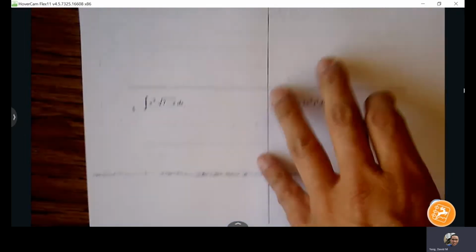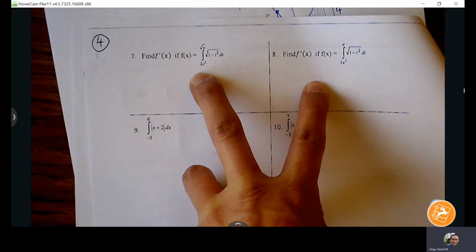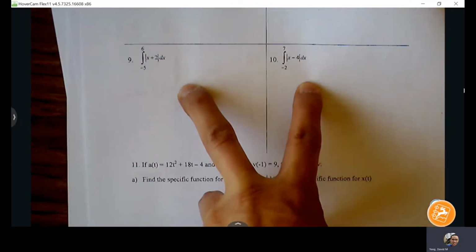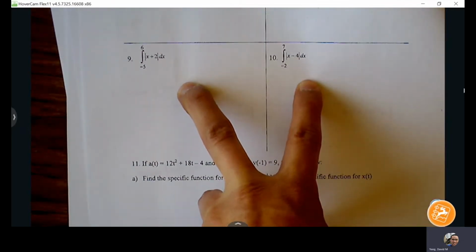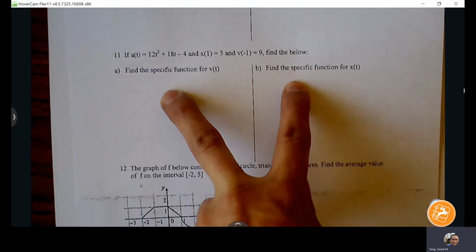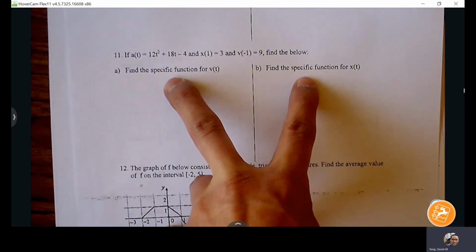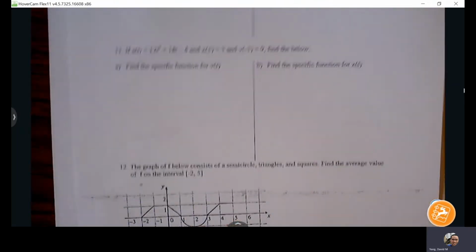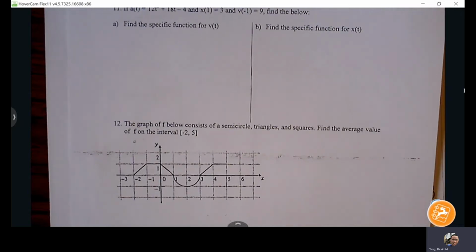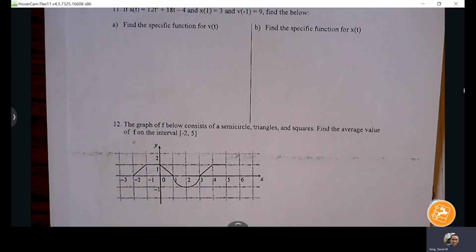We'll practice with that. Page 4: the second theorem, we'll practice with 7 and 8. We just did absolute value, we can practice with that again. Average value theorem, and then taking antiderivatives using the power rule. So those are what we're working towards for Friday.